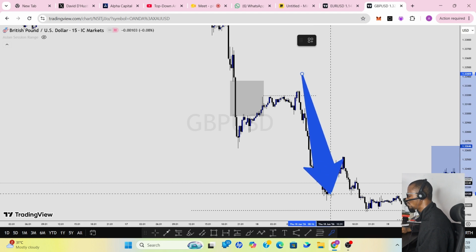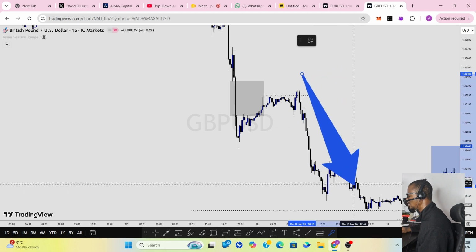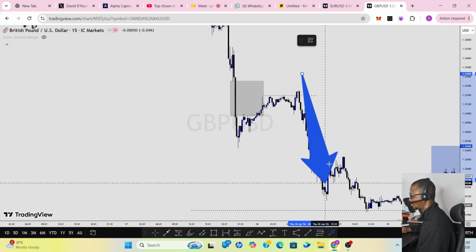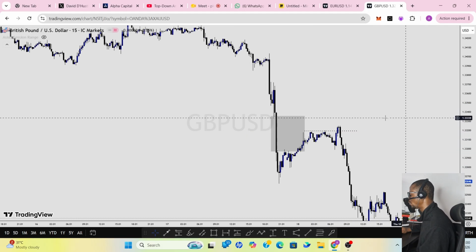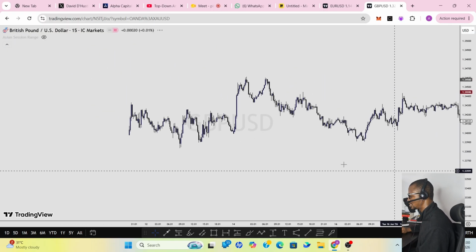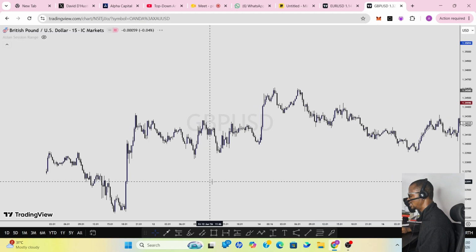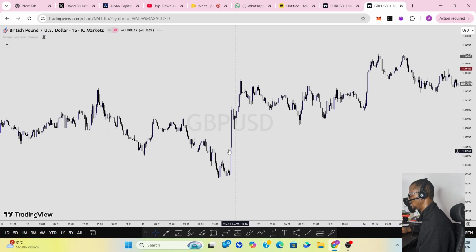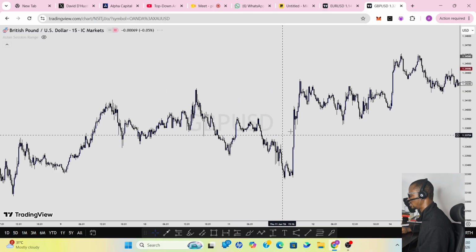So if you know how to do this logically, you discover that price is not just random, it is logical. So we have to follow it in a logical manner if you want to win consistently in the market, whether in the stock market or crypto market, it doesn't matter. This concept is valid and works in any market you are trading.